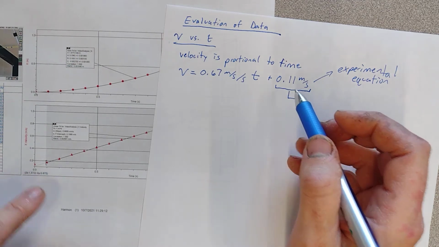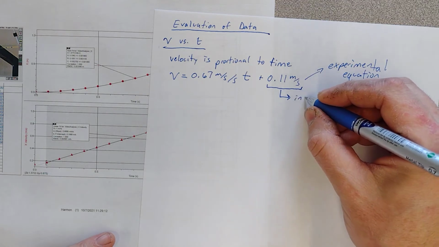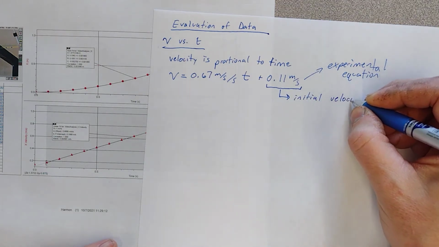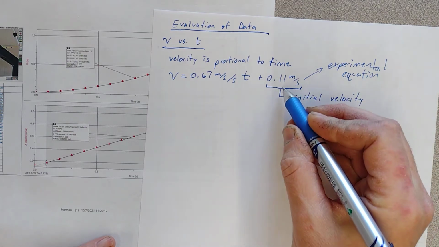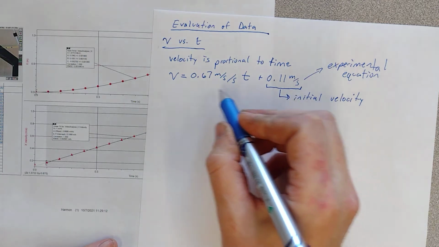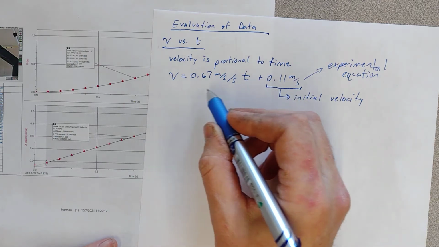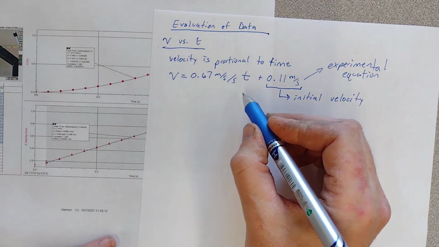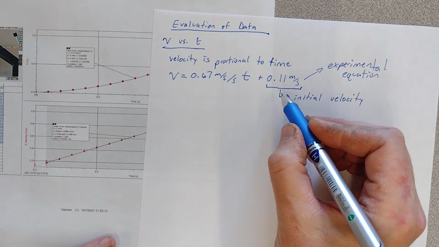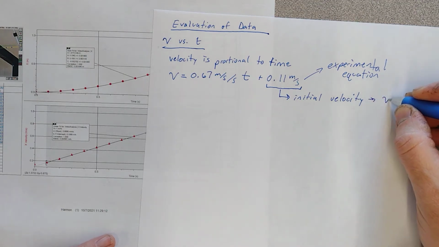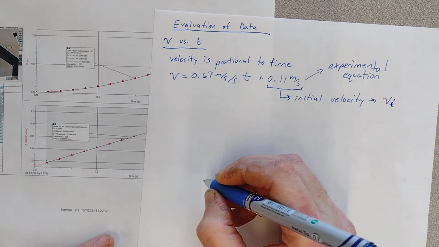Velocity at time 0. That's what we call initial velocity. The velocity at time equal to 0. You could put a 0 in for t into this equation, and it would be v equals 0 plus 0.11. So the velocity at t equal to 0 would be equal to 0.11. We call it the initial velocity. It has a symbol v with a little i next to it. Okay?